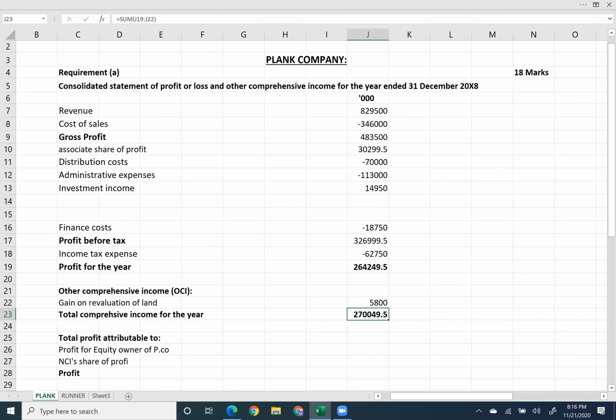Now we have to calculate NCI for the income statement using profit. Let's start.